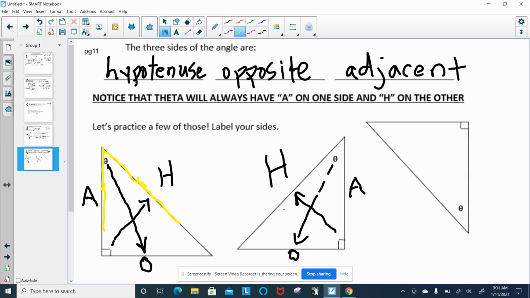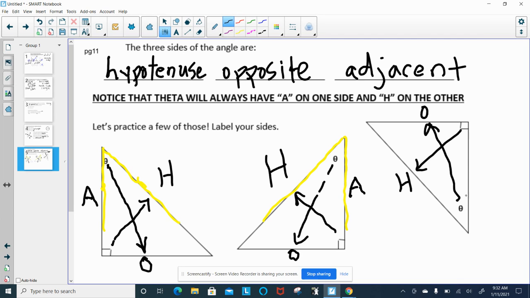And notice again, there's theta, that's an angle. It's in yellow. And it has an A on one side and an H on the other side. And that's always going to be the way, no matter how we draw the triangle. Last one, H. Now we go to theta and we go opposite.